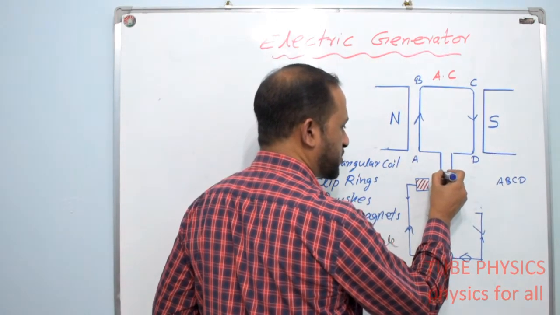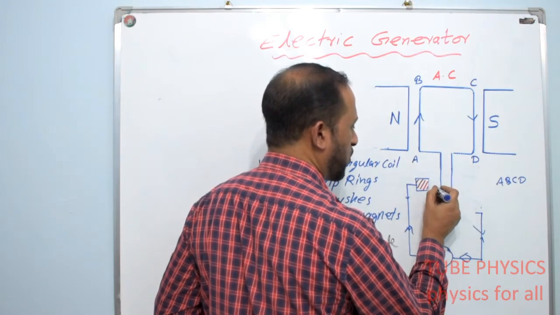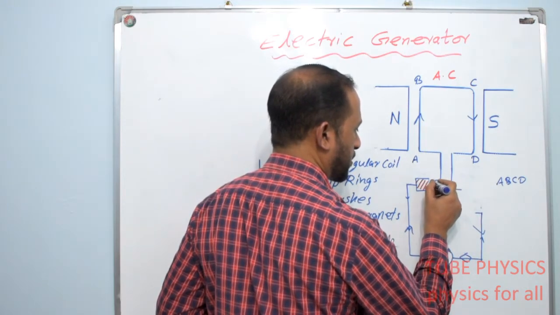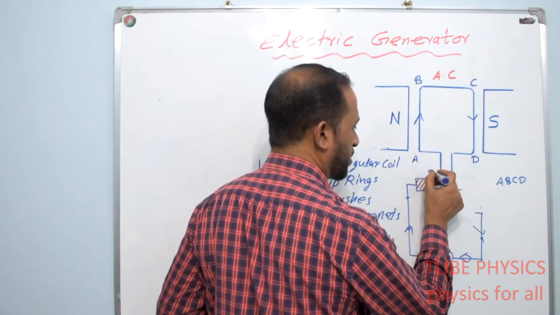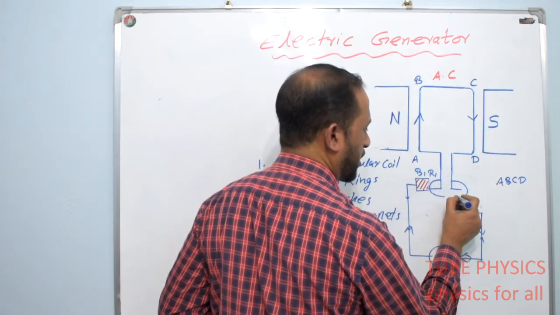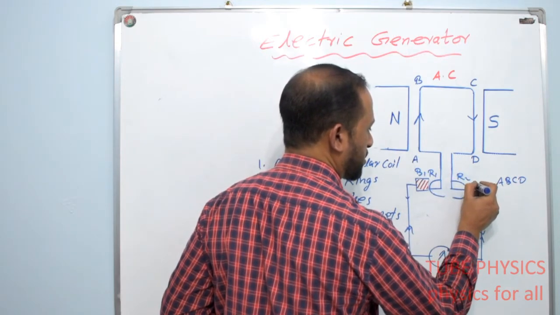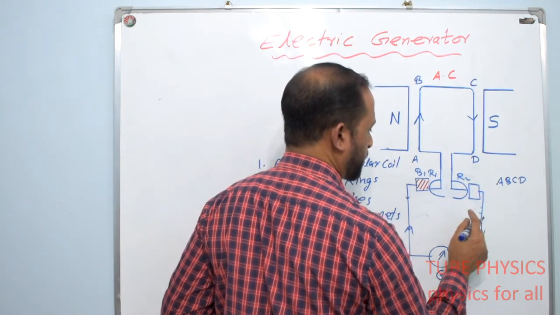The two ends of the armature will be connected to two half rings like this. That is ring R1, it is in contact with the brush B1, and ring R2 is in contact with the brush B2.